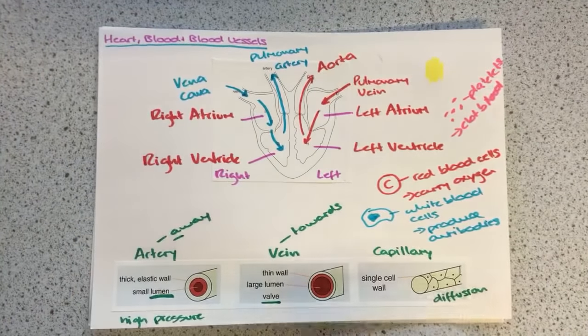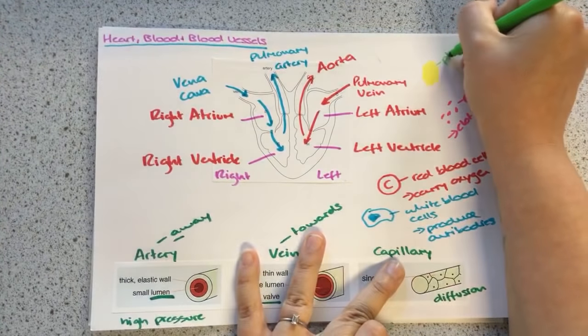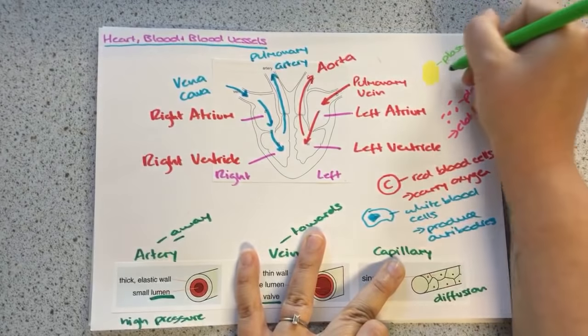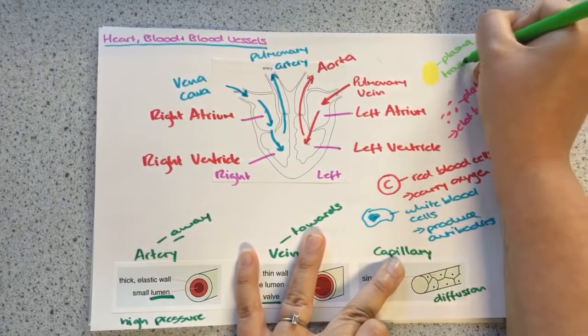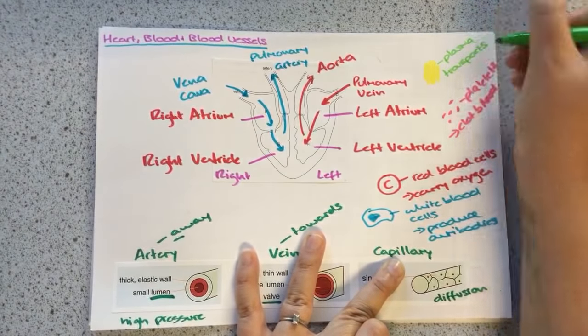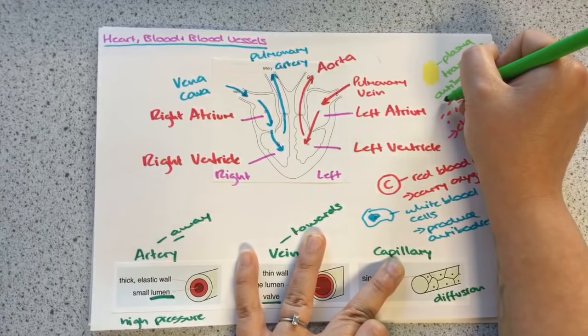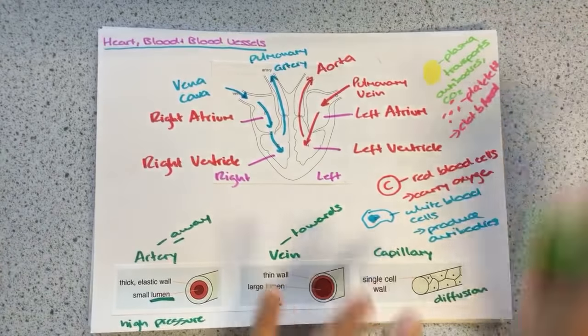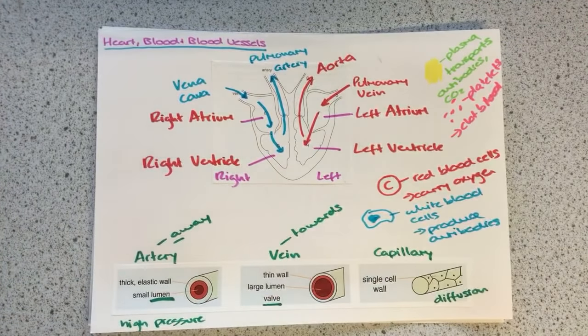So the plasma is the liquid part of the blood, and it transports things like antibodies and CO2 around the body.